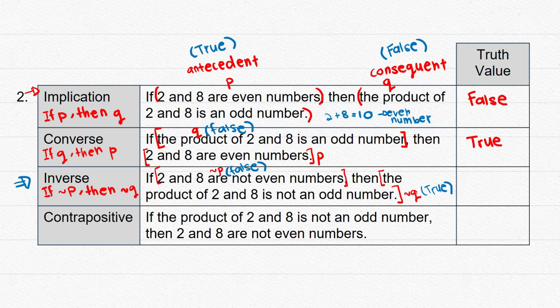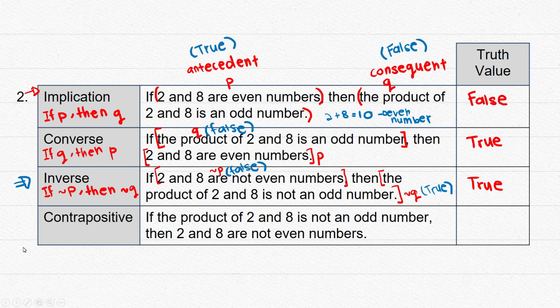Rule 2. Yes, you apply rule number 2, because we look at the antecedent, and the antecedent is false. Rule number 2 says if the antecedent is false, then the whole implication will be true. So this inverse will be true.